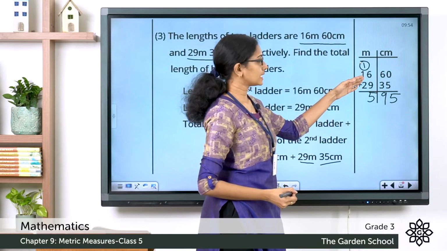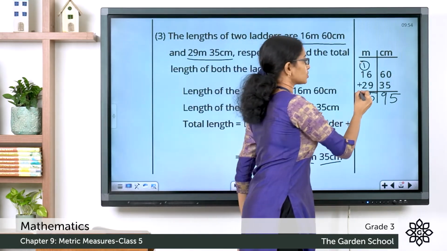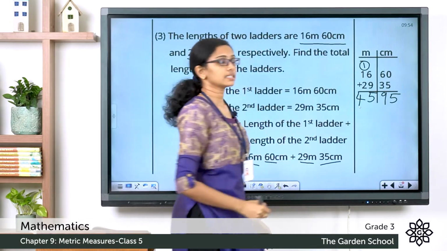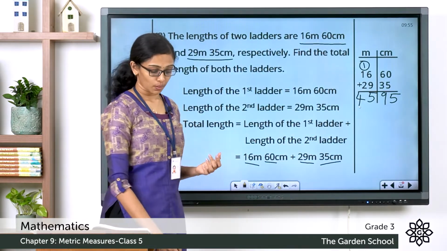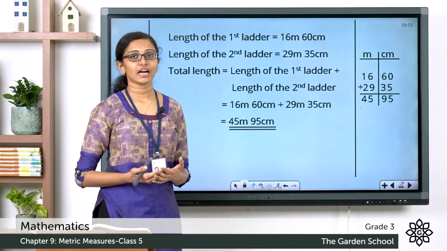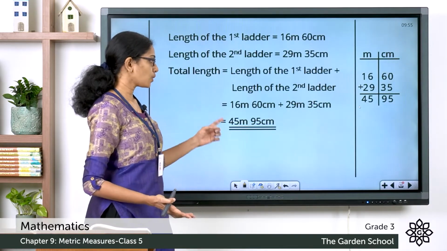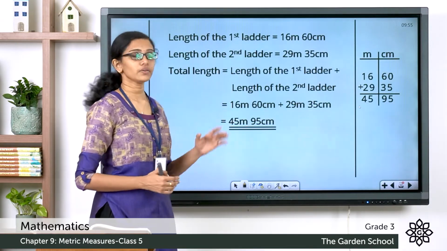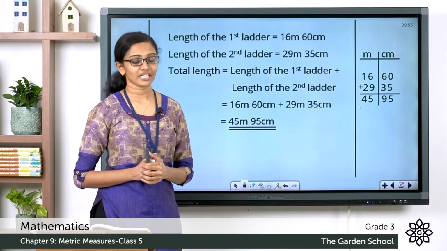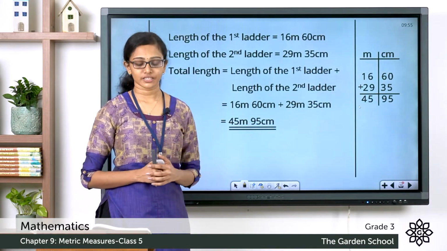Now 2 plus 1, 3, 3 plus 1, 4. So we have 45 meters in the meter column. So what is the total length of both the ladders? The total length is equal to 45 meter 95 centimeter. Hope this one is clear to you. Now let's move on to the next question.